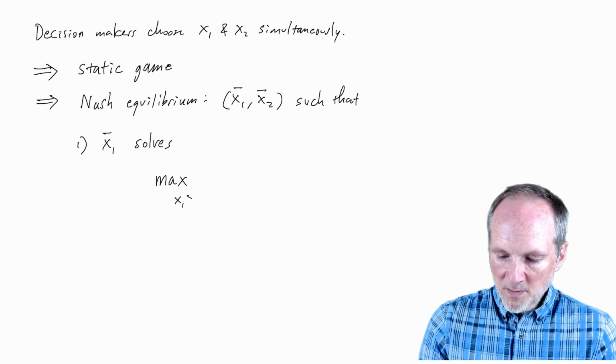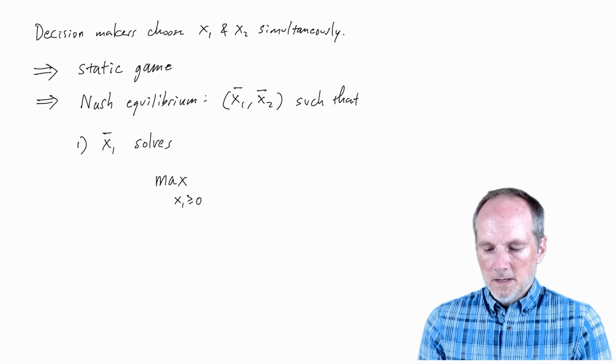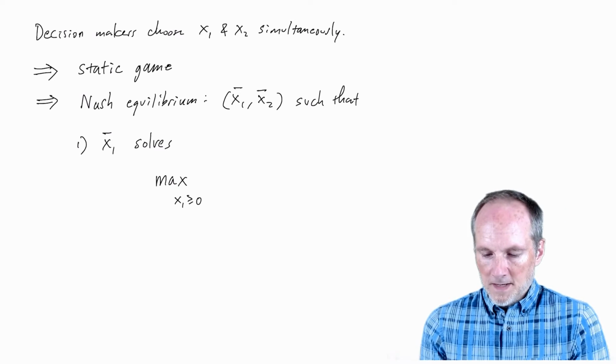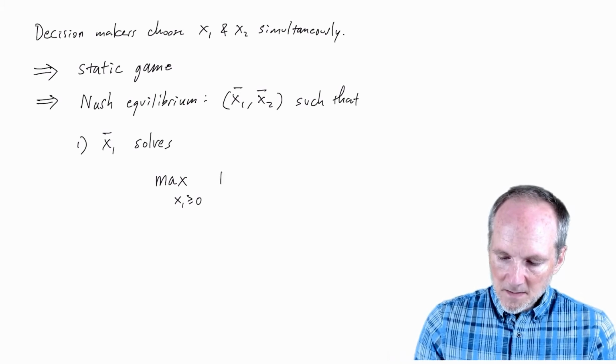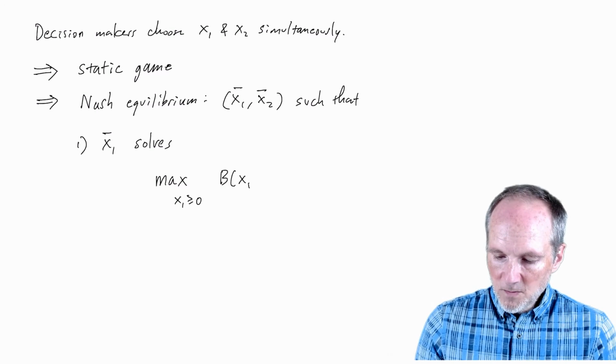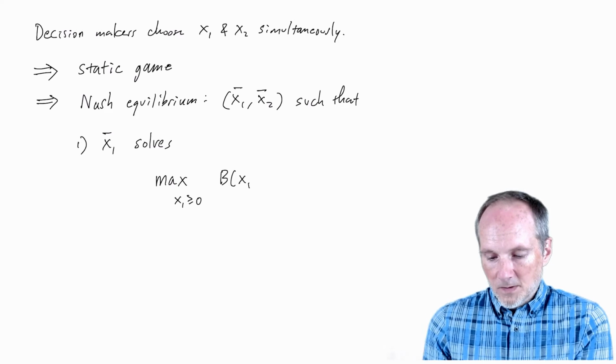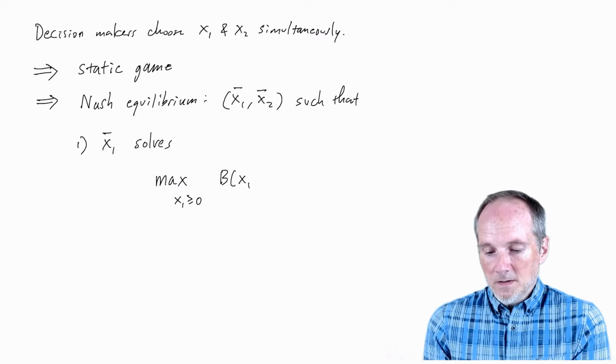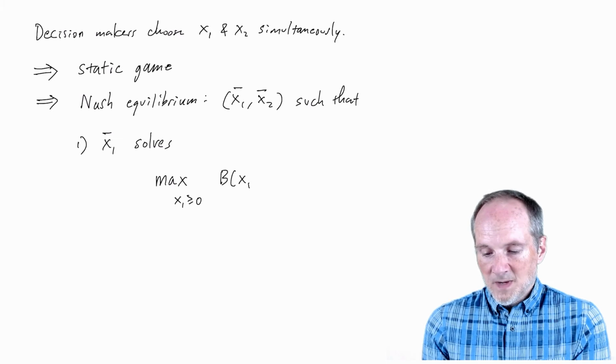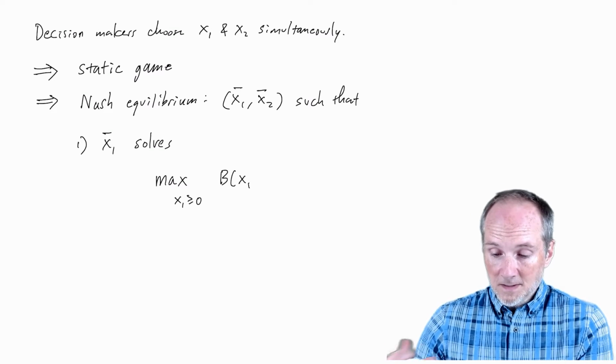Okay, this is the problem where person 1 is choosing an activity level to maximize their benefit as a function of x1. And now, right, so we're choosing x1 to maximize this thing. So it's the endogenous variable.